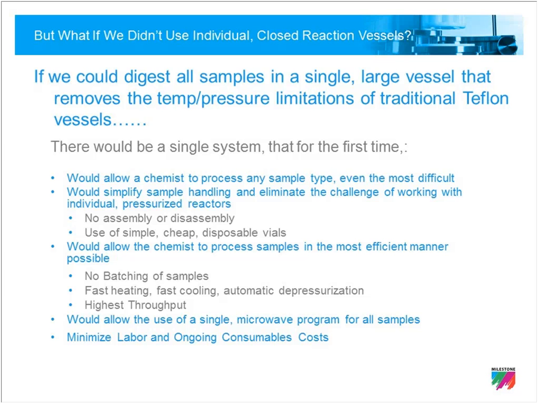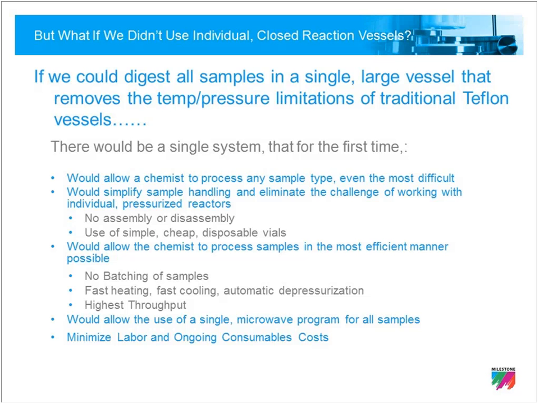If we did this, there would be a single system that for the first time would allow chemists to process any sample type, even the most difficult, in the same system. It would simplify vessel handling. It would eliminate putting the vessels together and disassembling them, and for the first time you could use simple, cheap, disposable glass vials.